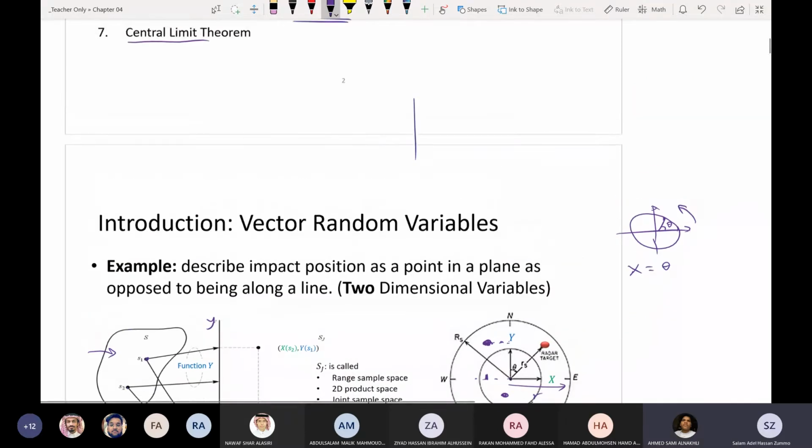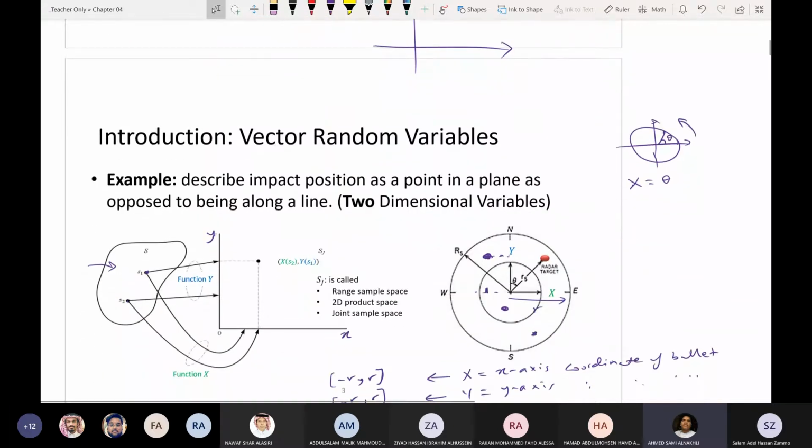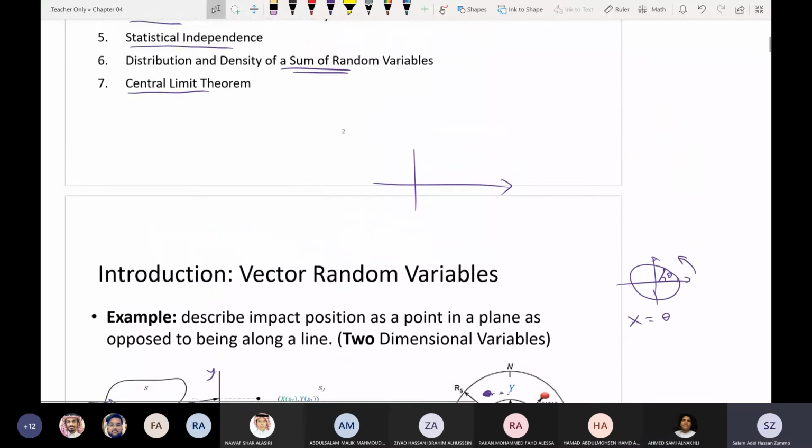Doctor, this is unlike the random variable for one variable, right? No, it's the same. So basically, you cannot have a function like this. You cannot have one value from S that takes different values of X. However, you can have a function like this: one value of X can be mapped from two values, from S1 and S2.